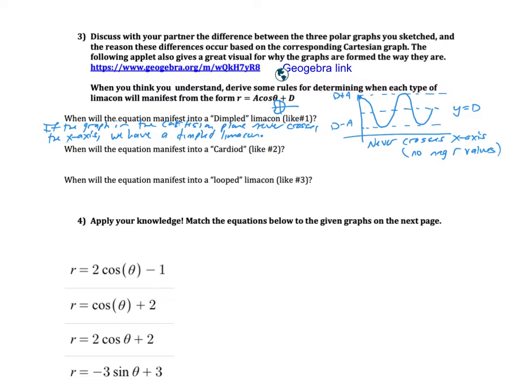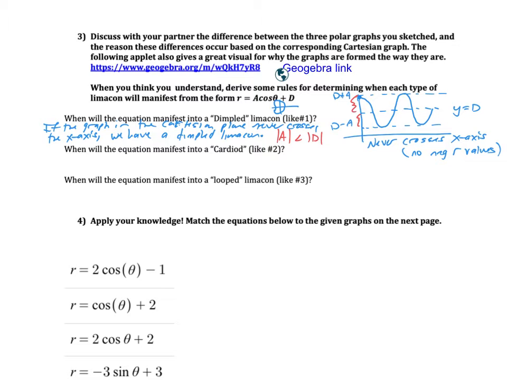And if you want a rule to memorize, this happens when the absolute value of a is less than the absolute value of d. That means that when we subtract a from d, we're not going to cross the x-axis.